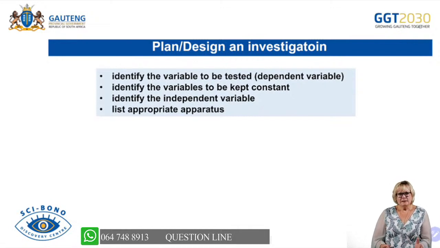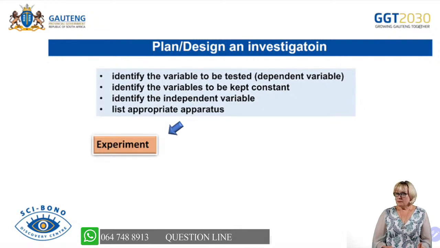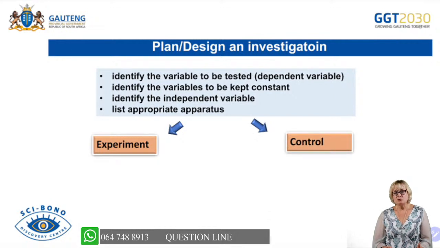What do I need to do this experiment that I would like to do? And remember, there's an experiment in every investigation, and there's a control in every investigation. In a control, that is where you actually keep everything that must be there. And in the experiment, that is where you have one factor that you're going to test.